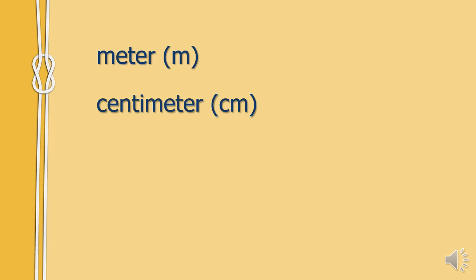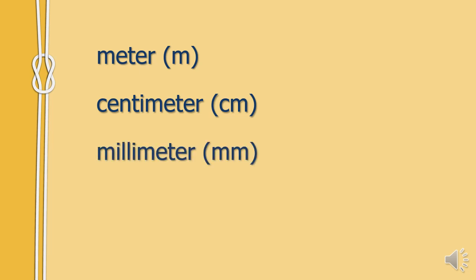There are 100 centimeters in a meter. So cent means 100, and if you think about that, there are 100 cents in a dollar. There are 100 centimeters in a meter. And the abbreviation is lowercase c, lowercase m, no punctuation.